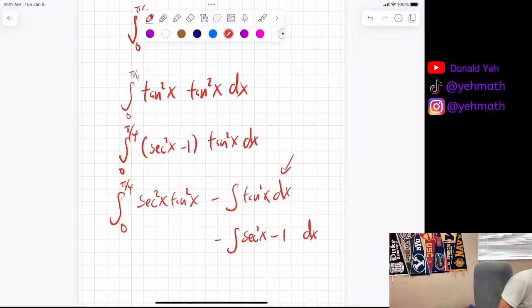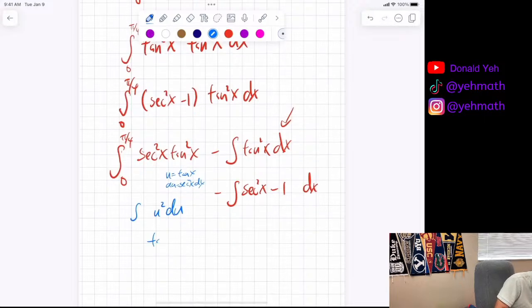And for this part, I had to use substitution. And that's going to be the integration of u squared du.